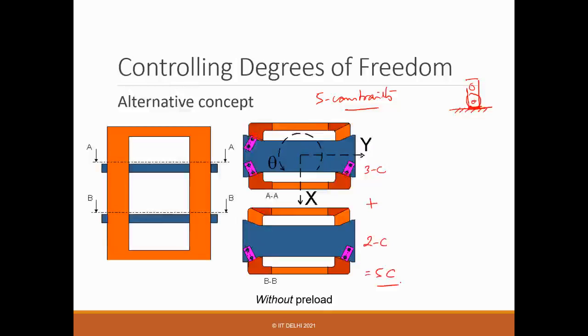Now try to visualize how it works. What you want is for it to be able to move in this direction. That's possible. But if you take a section here and try to visualize, what you see is that if you try to rotate either the orange or the blue one with respect to each other, this is the theta constraint.